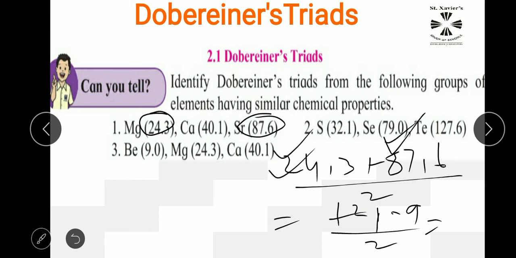So it is 121.9 upon 2. Let us divide by 2. 2 ones are 2, 2 sixes are 12, 1 is left, not divisible, so we put 0.